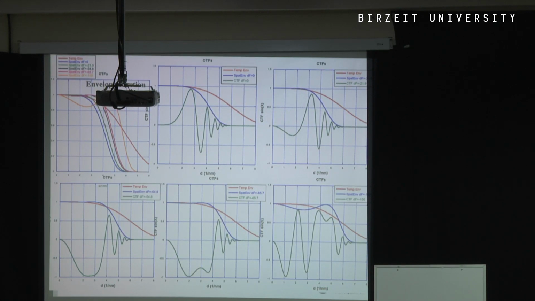If you multiply the envelope functions by the sine of the aberration function, in this case it's the sine and not the sine squared, then you end up with these 5 different green curves for the 5 different defocus values which I showed on the previous slide.